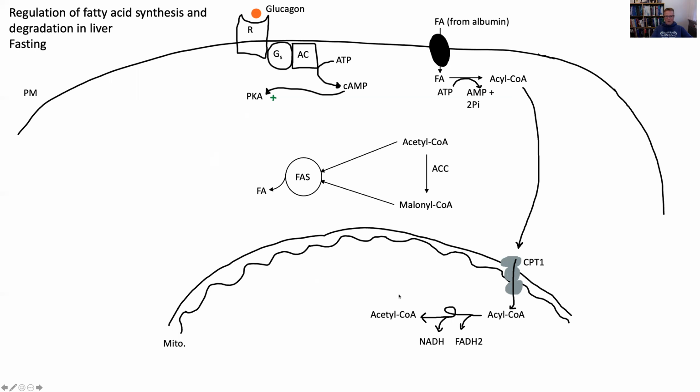When we look at how fatty acid synthesis takes place, we know that in order to produce fatty acids, we need two substrates, acetyl-CoA and malonyl-CoA. And in order to produce malonyl-CoA, we need to carboxylate acetyl-CoA by an enzyme called acetyl-CoA carboxylase. So once we have the two different substrates, we can produce fatty acids.